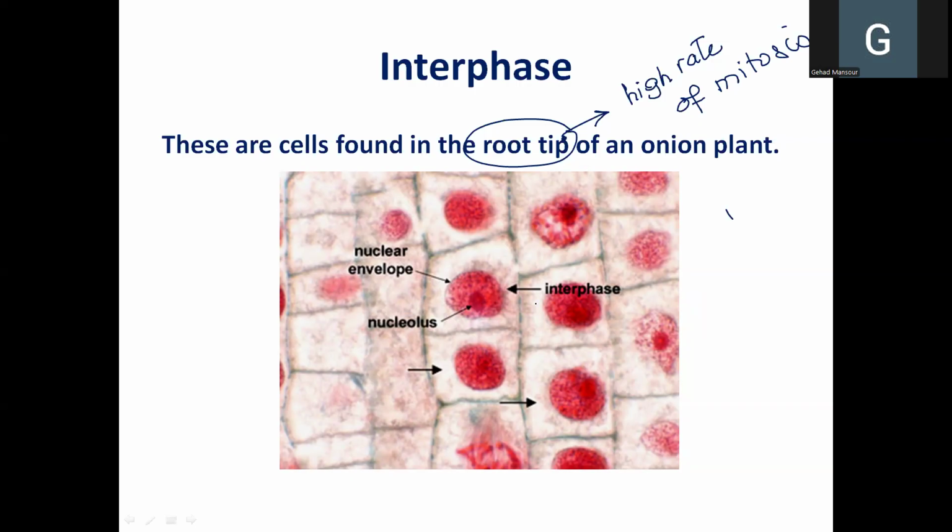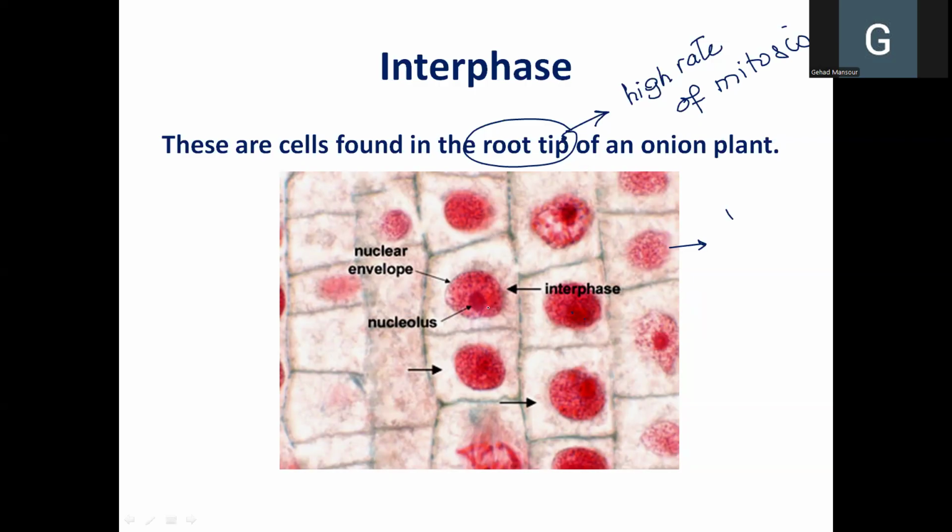So you can see here that some cells are already in the interphase, but other cells are in a different phase. So not all the cells are in the same phase. For example, in this cell, we can't see a distinct nuclear membrane.